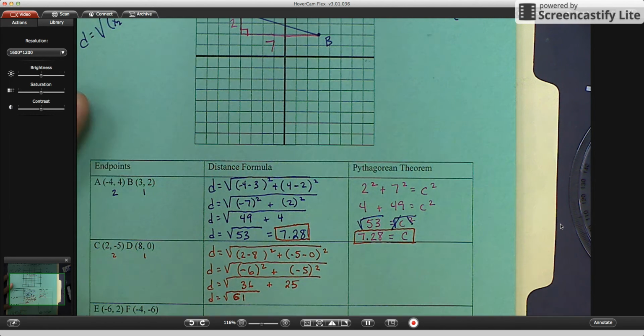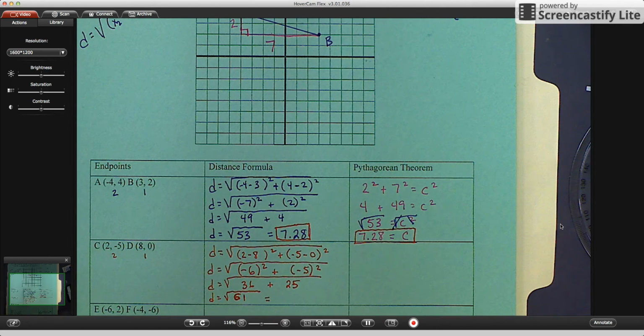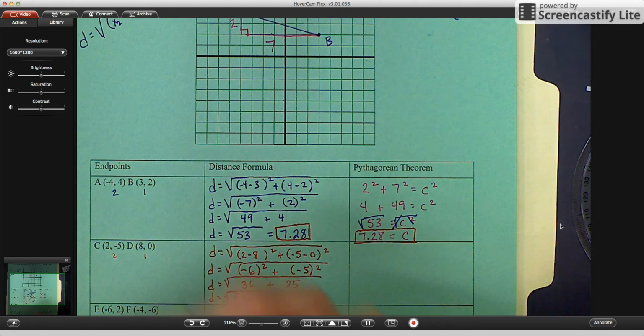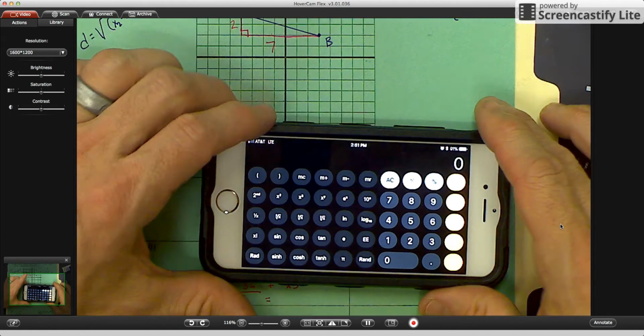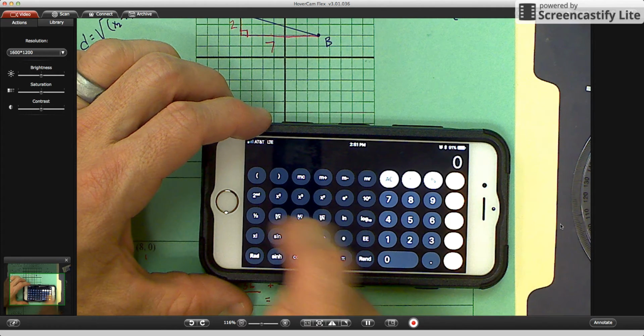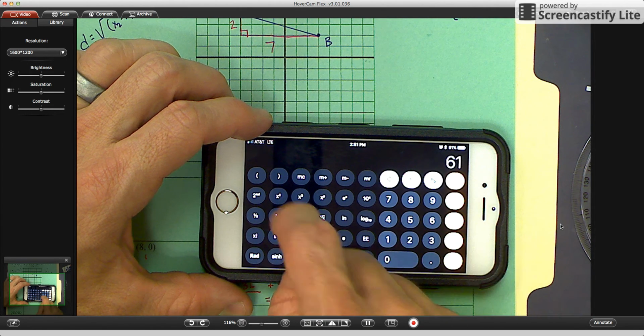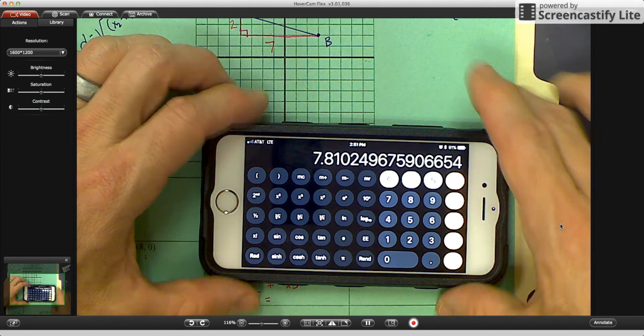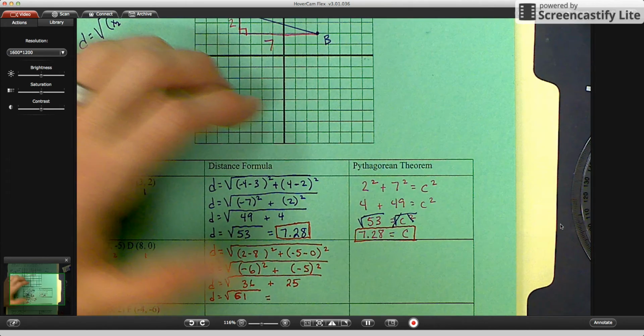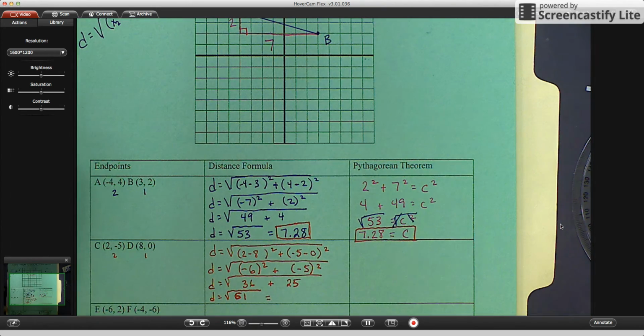So the distance is equal to the square root of 61. Square root of 61 is going to equal, my calculator out again, clear it out, square root of 61, 7.810, so 7.81.